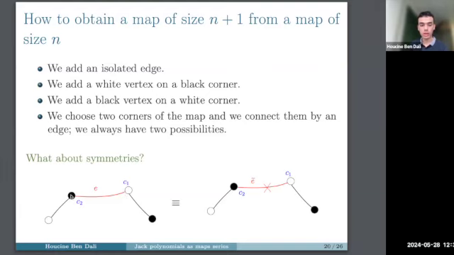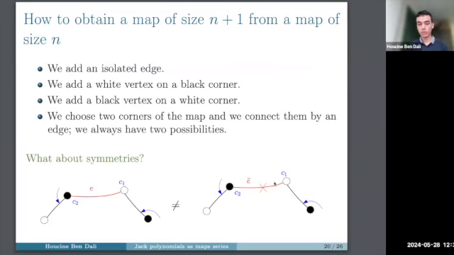So if we imagine adding an edge E connecting these two corners and then twisting it, actually the two maps obtained are the same, because we can pass from the one on the right to the one on the left by making a twisting operation. So if you twist this E, we still have the same map. Except that this is not actually a problem in our case because all the maps that we use are marked.